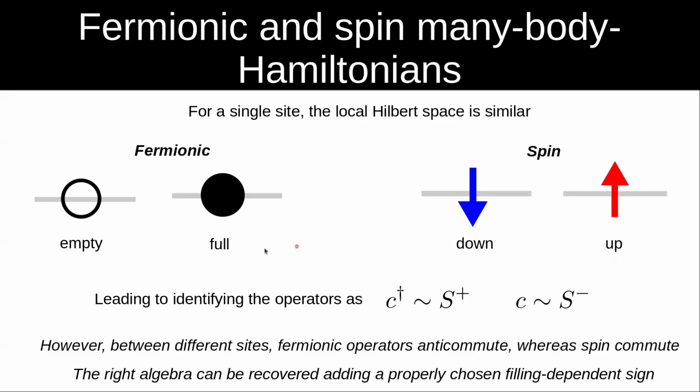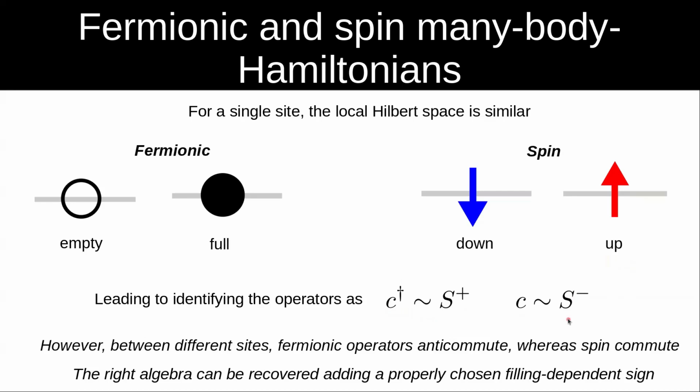When we compare these two local Hilbert spaces, we can think that the empty state corresponds to spin down, and the full state of a fermionic model corresponds to spin up. Translating this relationship to actual operators, the creation operator in the fermionic model corresponds to S plus, whereas the destruction operator corresponds to S minus.